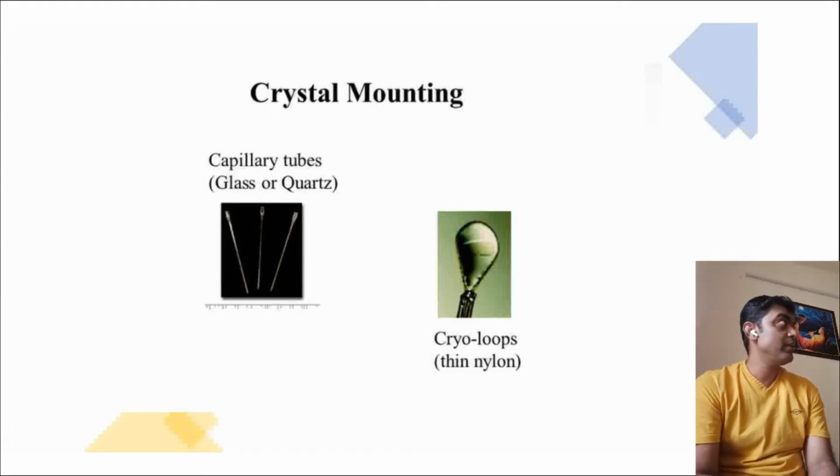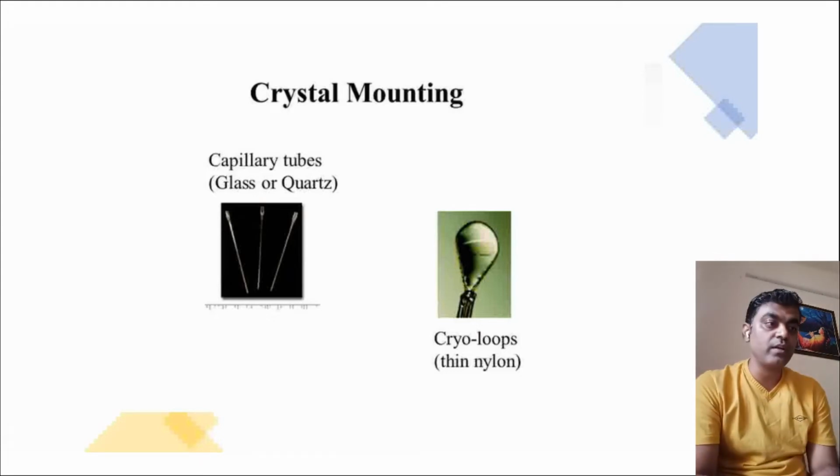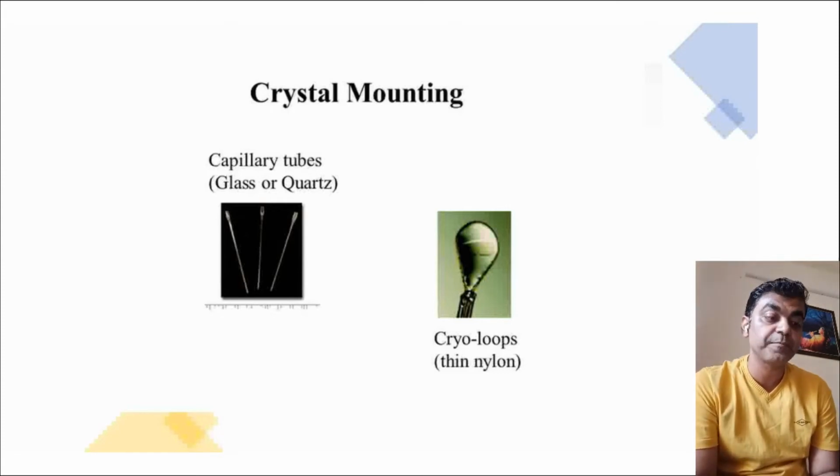Okay, so I think today I'll stop here, and next class I will start with the problems in X-ray crystallography, basically the phase problem, and then we'll conclude the X-ray crystallography technique. So my idea is that we have understood what the X-ray crystallography technique is.